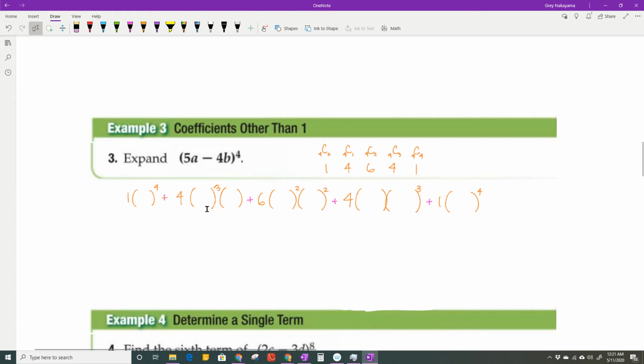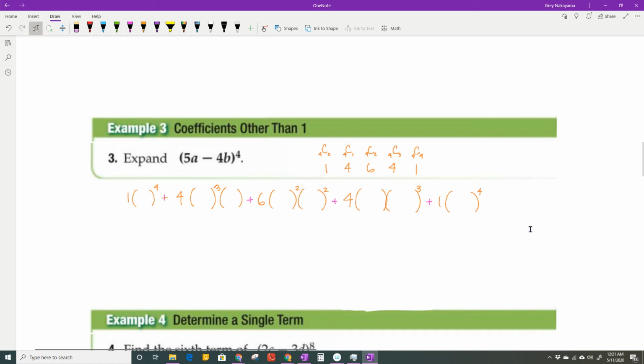So 4, 2 sets of parentheses, plus 6, 2 sets of parentheses, plus 4, 2 sets of parentheses. Then if I started with a 4, that's going to go 3, 2, 1, and then that becomes 0, which is why that's a 4. And then you go backwards 3, 2, 1. Every set of parentheses adds up to 4.